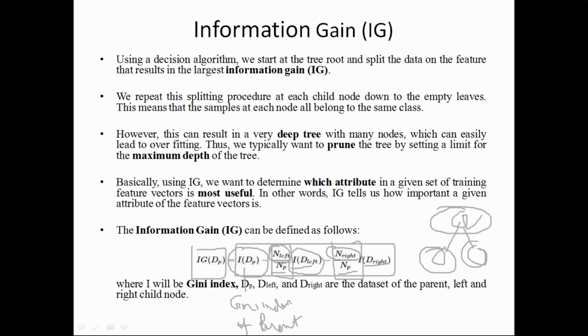You calculate this information gain for all the features, whether it is refund, income tax or marital status, whatever features you have, and just see which feature has the highest information gain.